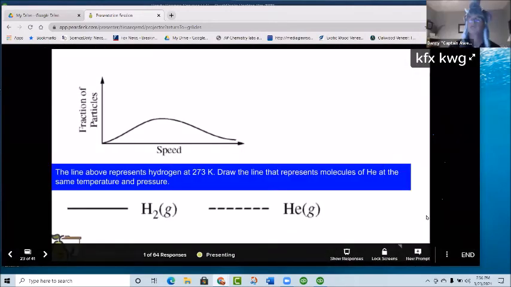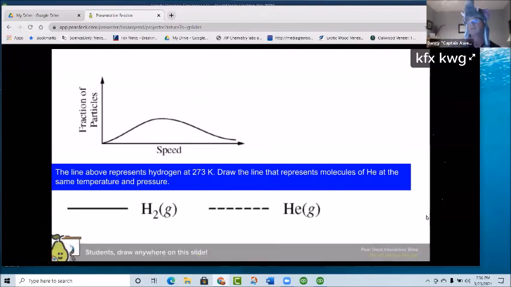All right, so here is a graph with the hydrogen. On my same graph, if you will draw one for helium, they're both the same temperature. So if that's the line for hydrogen, what would the line for helium look like?